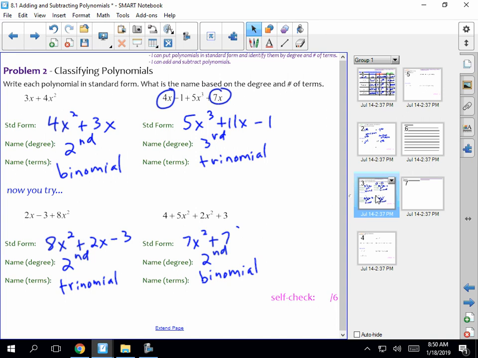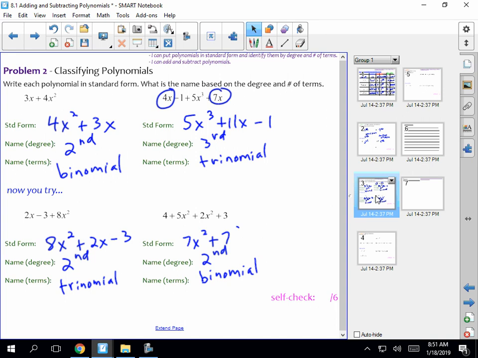Right, so we're going to work on adding and also subtracting these polynomials, whatever size they are: monomials, binomials, trinomials, or larger. Adding or subtracting them really connects to what you may have heard called combining like terms.